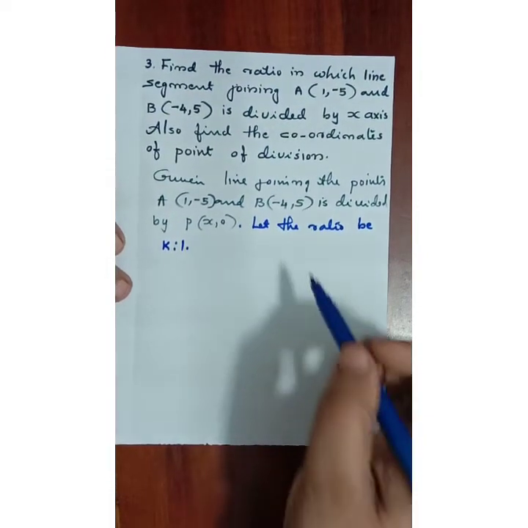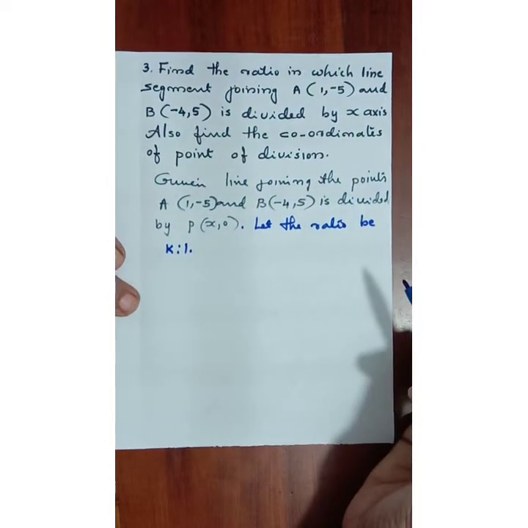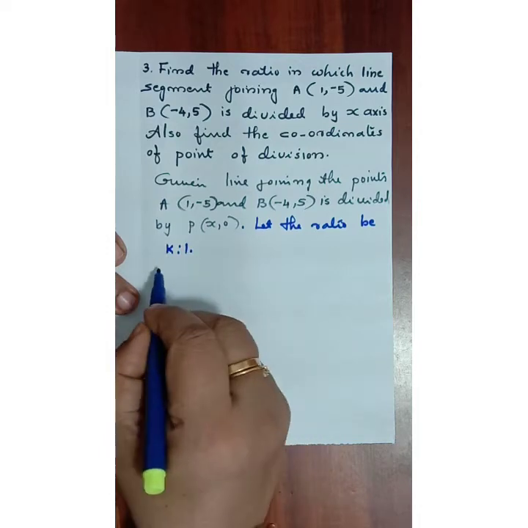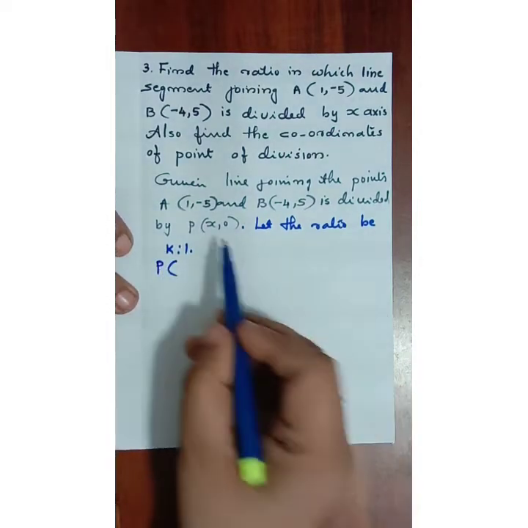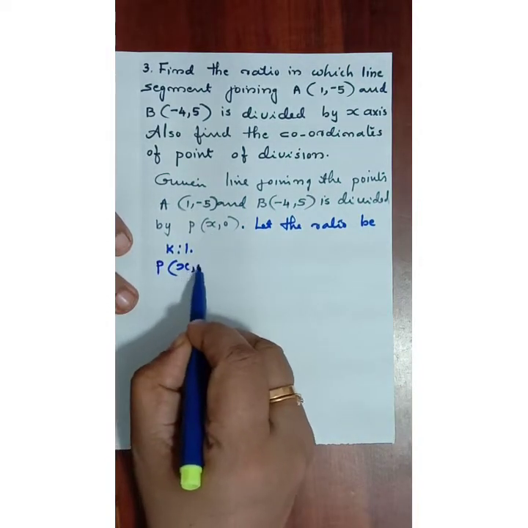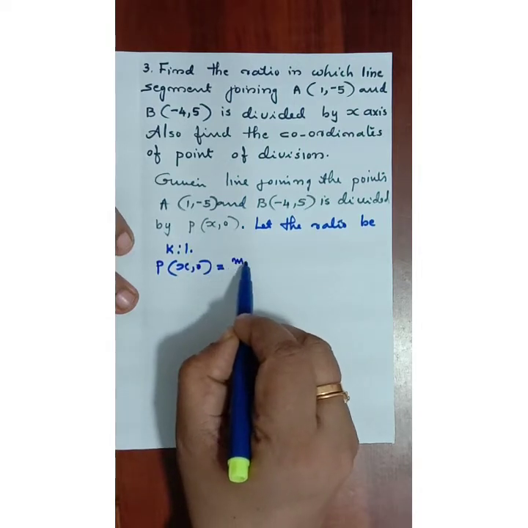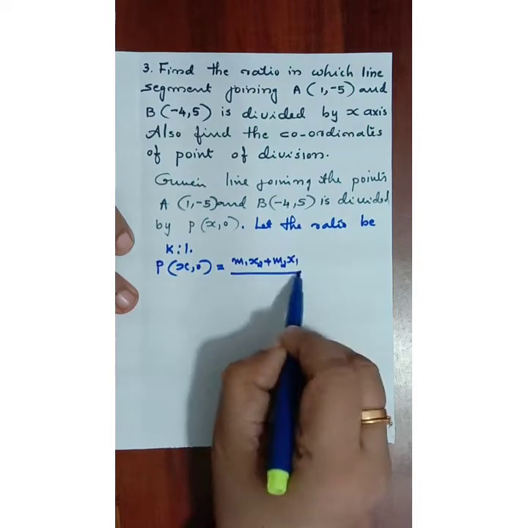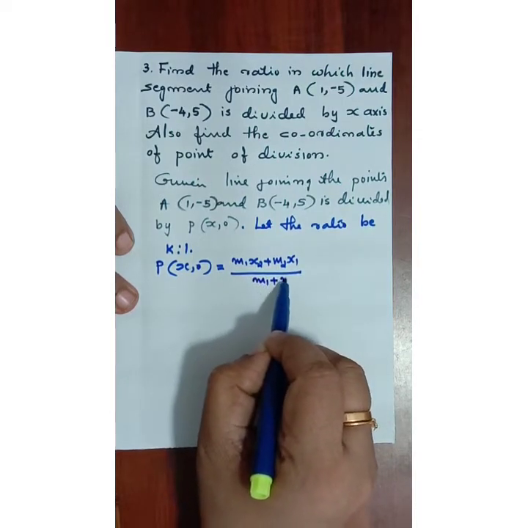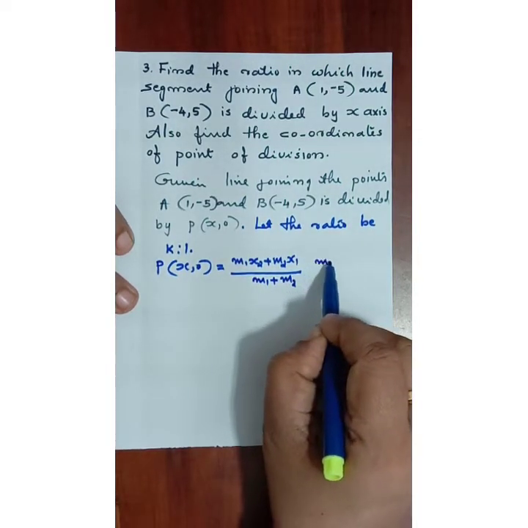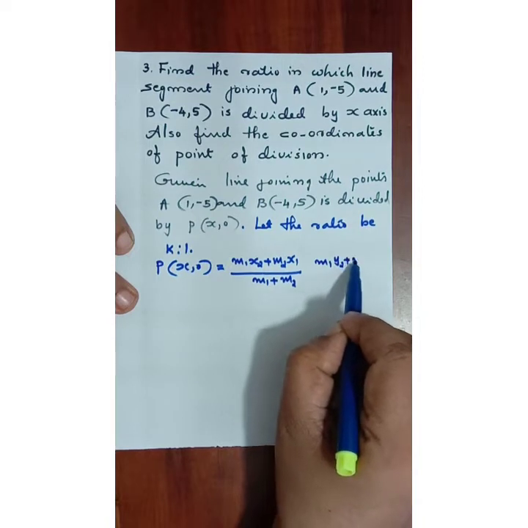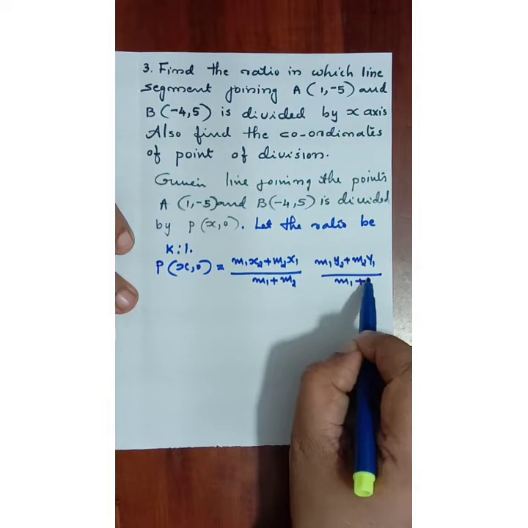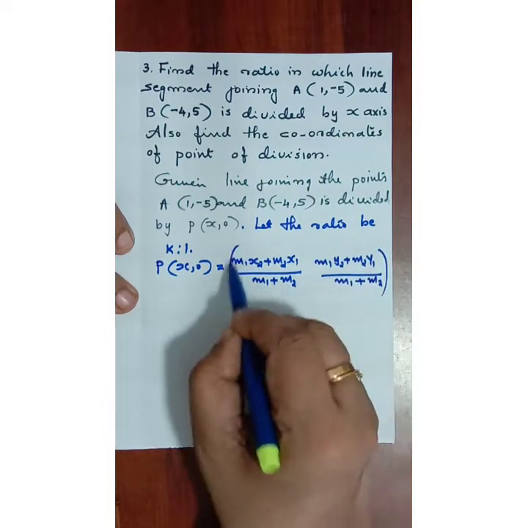First we will find the ratio. Both questions will be solved using the section formula. P(x, y), here P(x0, 0), is equal to (m1x2 + m2x1) divided by (m1 + m2), and next (m1y2 + m2y1) divided by (m1 + m2).